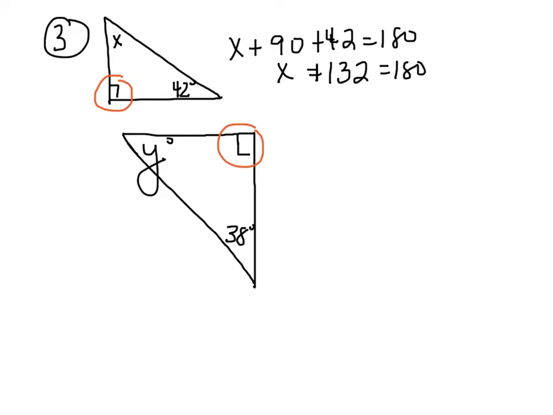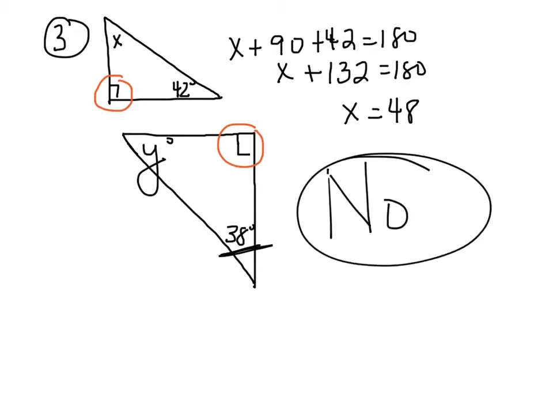Whoops, that should be a plus here. Subtract 132, and that gives me 48 degrees. Nope, this one's 38, so that won't work. We only have one set of angles that are congruent, therefore no, those two triangles are not similar.